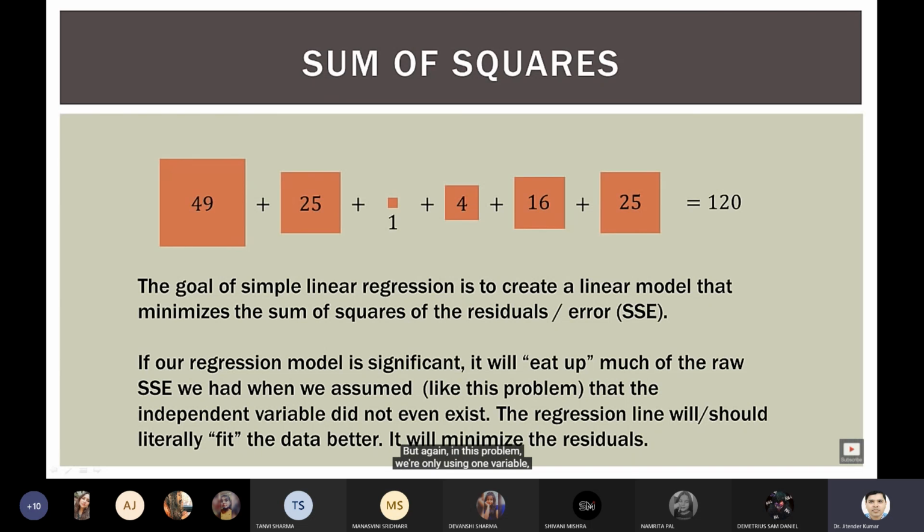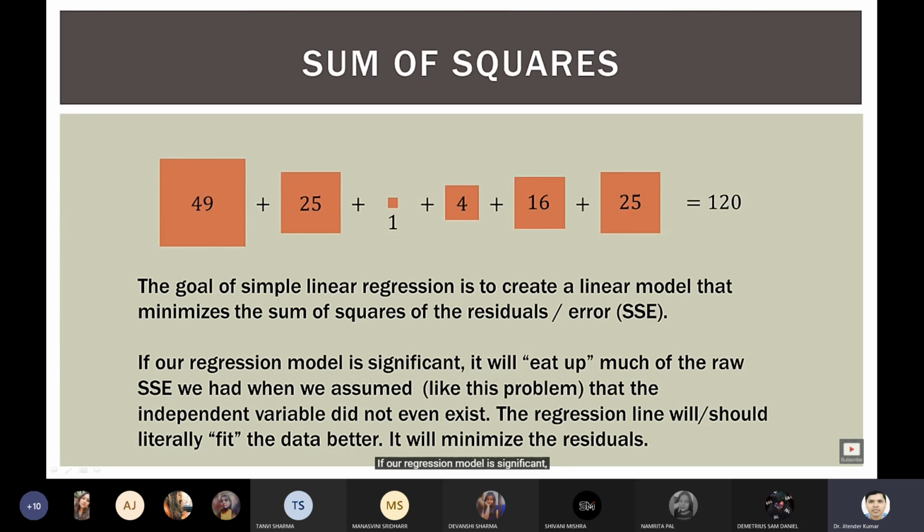But again, in this problem, we're only using one variable. We're only using the dependent variable. So when we introduce the independent variable, it will sort of take away for its own self some of this error we see here.